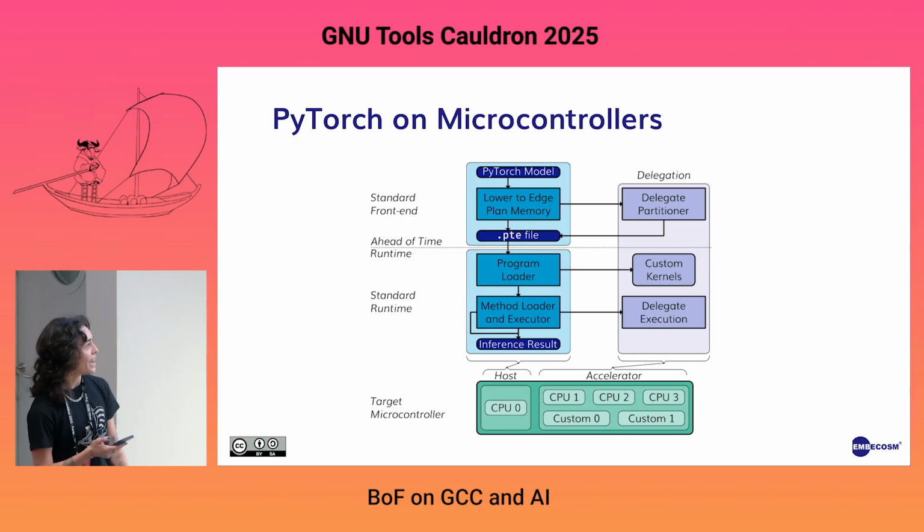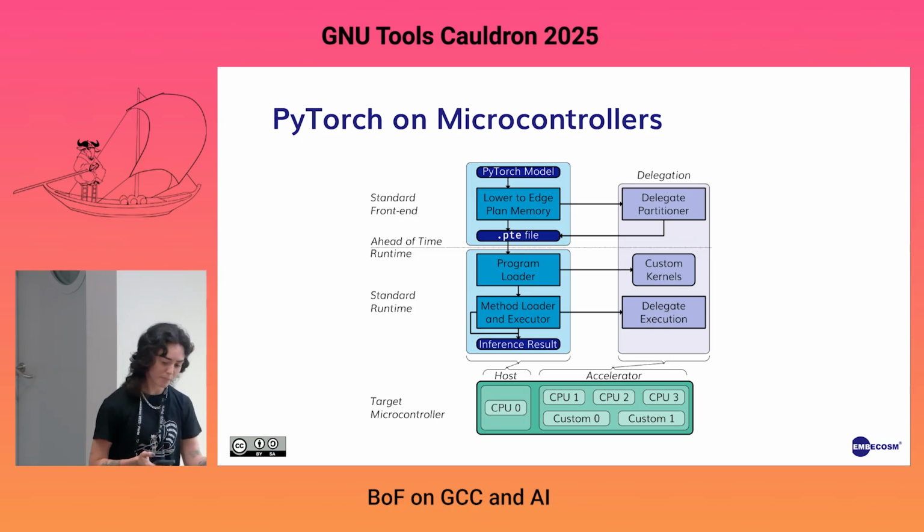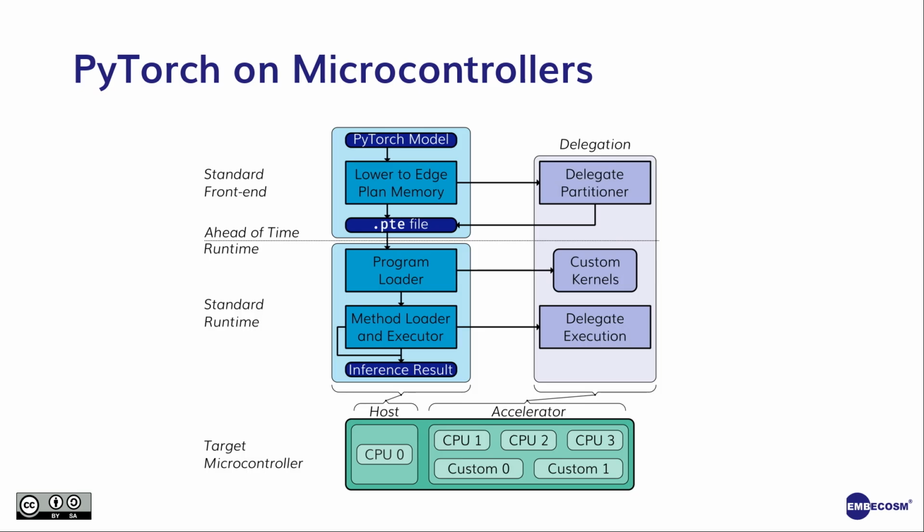So yeah, I live at the edge of where traditional compilers meet emerging AI workloads, dealing with mixed computing resources. These are some of the topics that I want to cover today broadly: challenges, opportunities, roles of GCC, and where we can extend it.